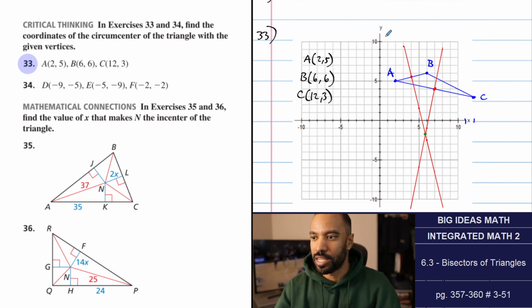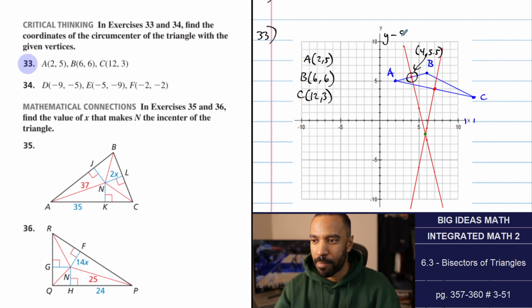I have an equation here. I'm using point slope form. I'm going to make this as easy as I can. So for this one, this midpoint, by the way, that midpoint is at 4, comma 5.5.